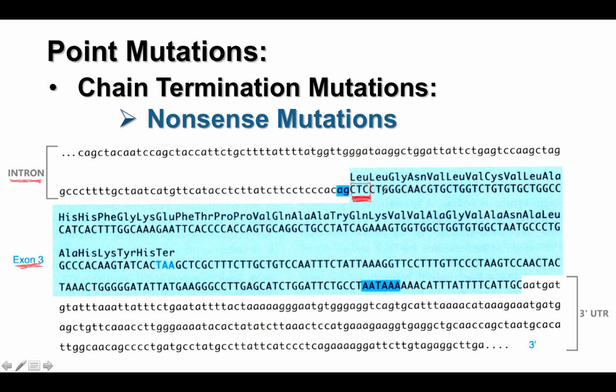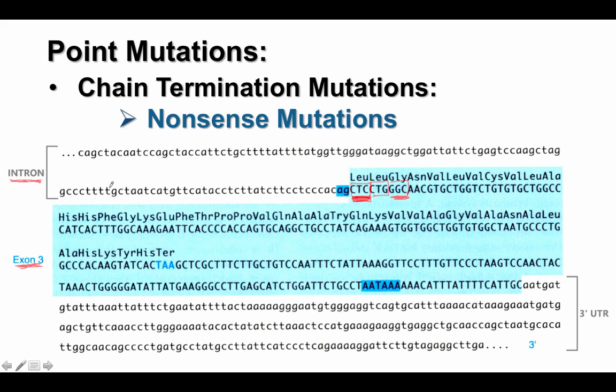And same thing goes for this triplet and this triplet, and you can see all of their corresponding amino acids above. And by the way, right here, we can see that this is going to be our 5' donor site.